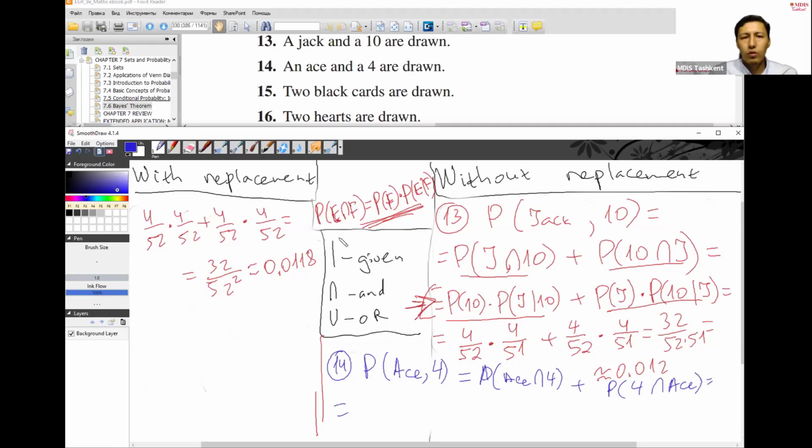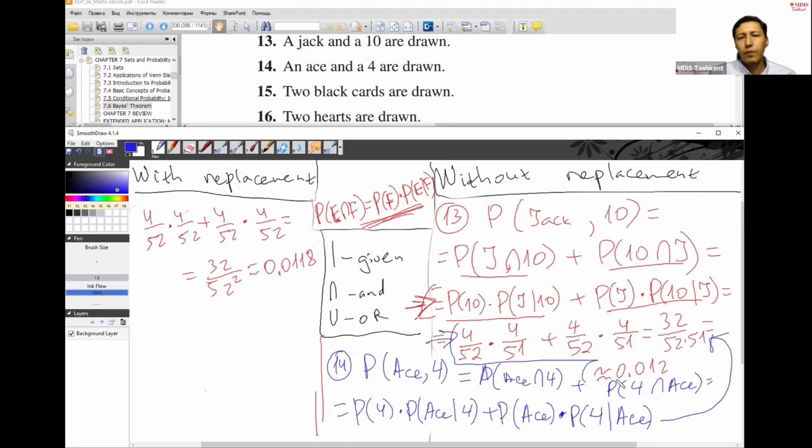So you use this product rule again. P of 4 times P of ace when the first card is 4, plus P of ace times probability of choosing 4 when first card is ace. The number of aces and number of 4s is the same as this one, so you can copy this one. You get the same results as the previous question.